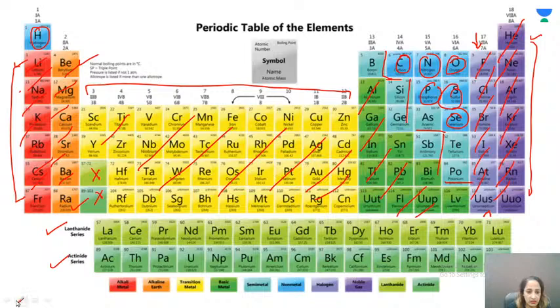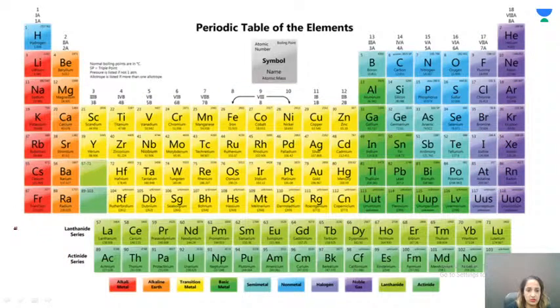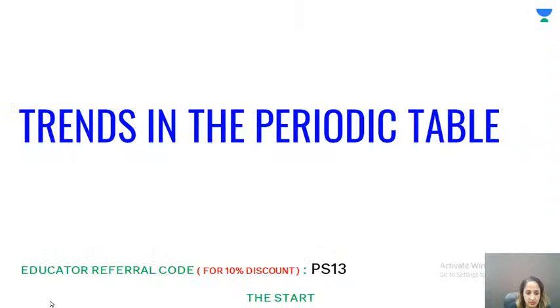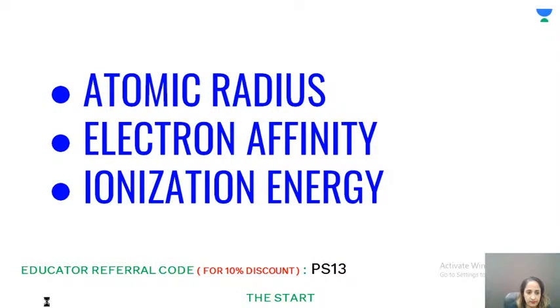Now let's talk about the trends in the periodic table. The major trends that we will discuss are atomic radius, electron affinity, and ionization energy.